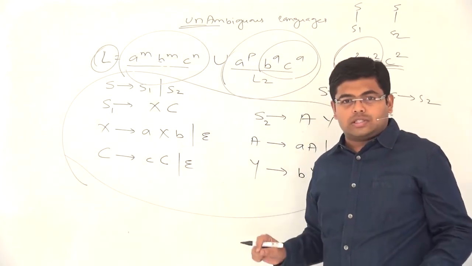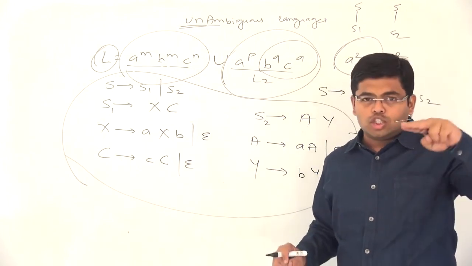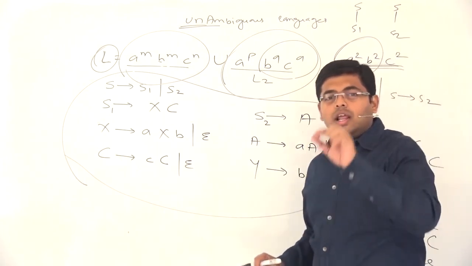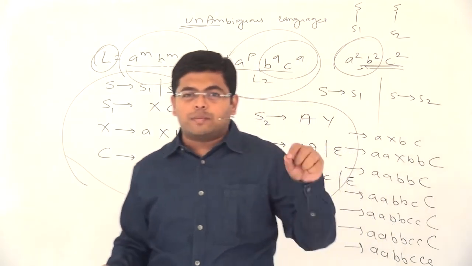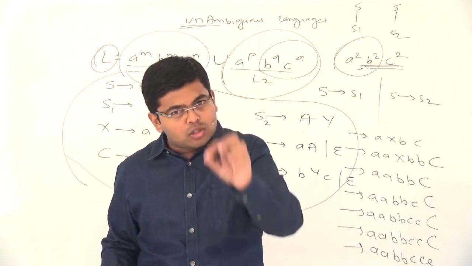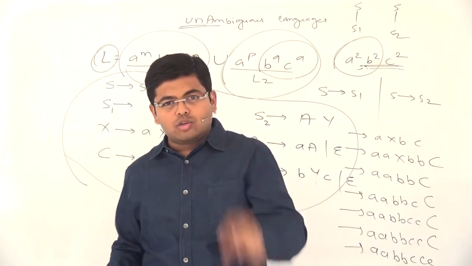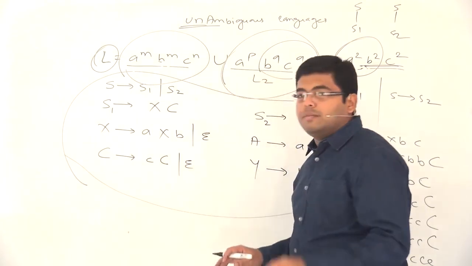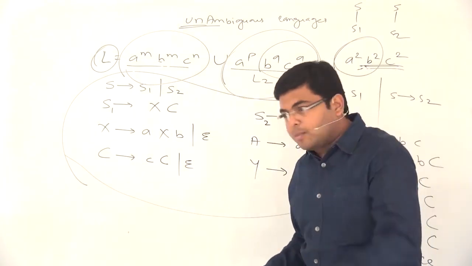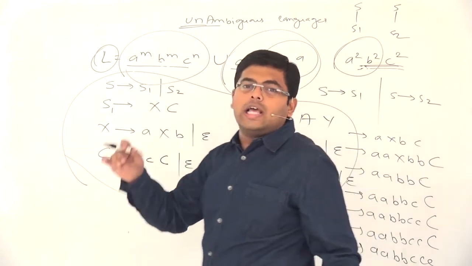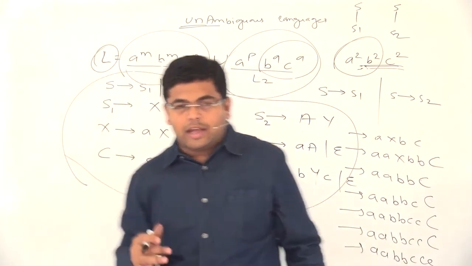So for this language L, unambiguous grammars are not possible. Whatever grammar you draw, all the grammars will be ambiguous, and therefore this language will be called an ambiguous language.